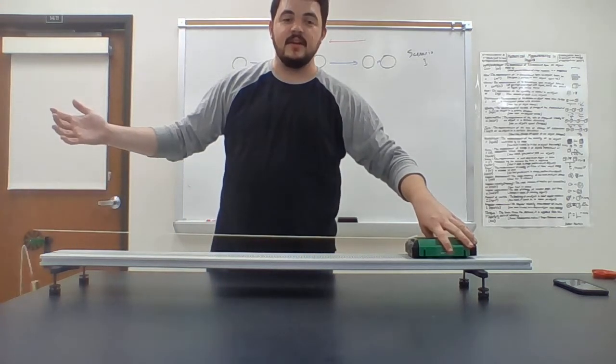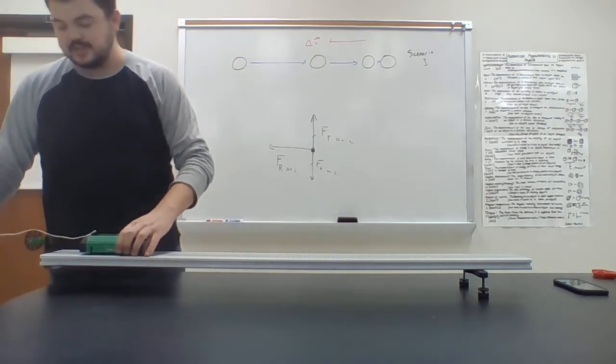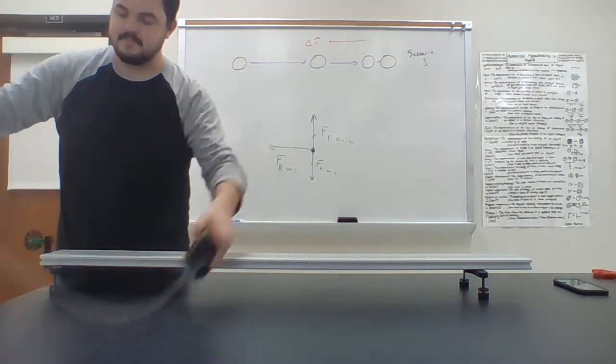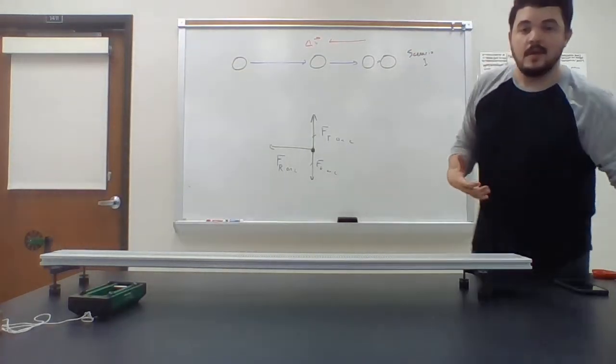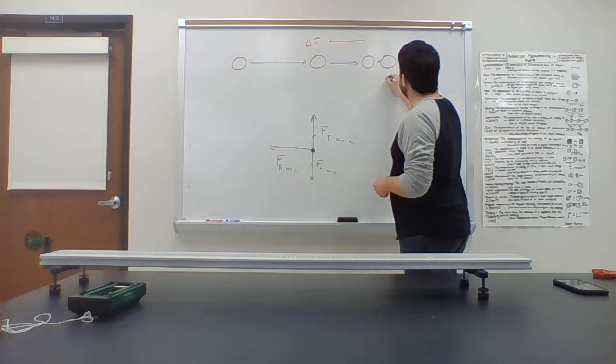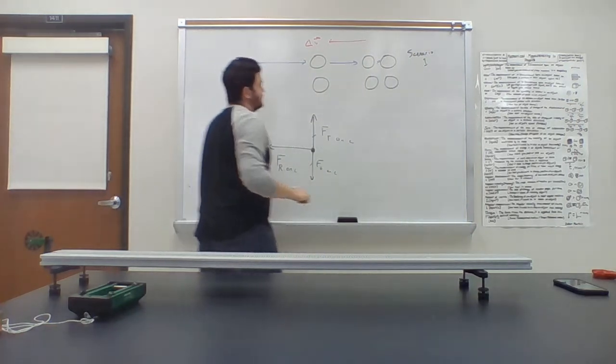So, here, let go, catch it, analyze after I let go, but before I catch it again. And I asked them to draw the motion map of that scenario. And that motion map looks something like this.